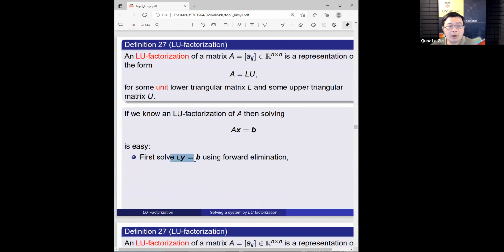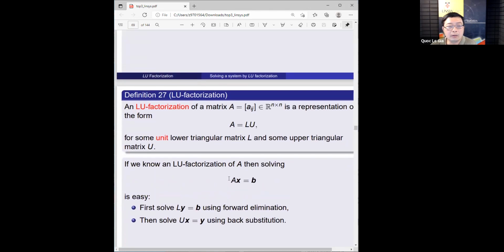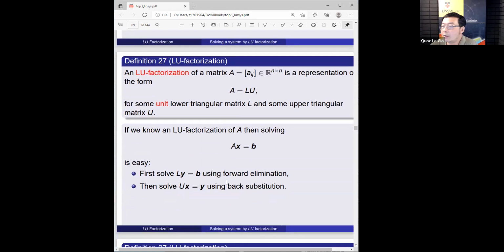First, you solve LY equal B by forward elimination, and then you solve UX equal Y by back substitution.